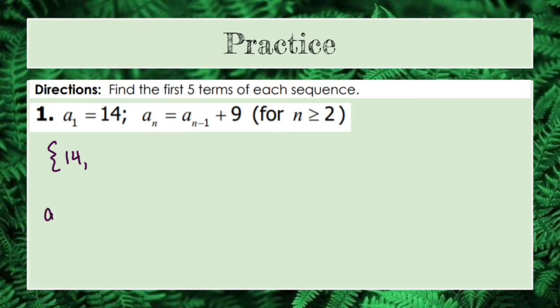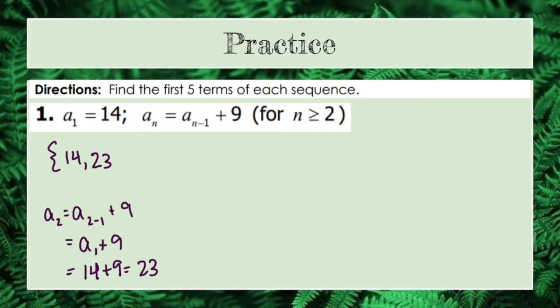A sub 2 equals A sub 2 minus 1 plus 9. Well, 2 minus 1 is 1, so we're going to have A sub 1 plus 9. Well, A sub 1 is equal to 14. So 14 plus 9 is 23, and that's our next term.